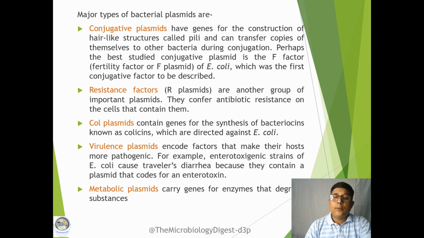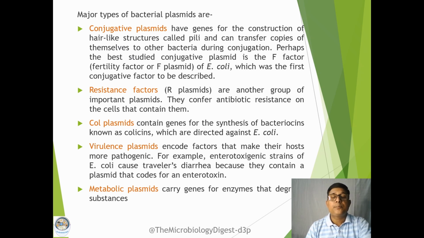There are different types of plasmids in bacteria. The first type is called conjugative plasmid. From the name itself, you can understand what may be the function of conjugative plasmid. The second type is the resistance plasmid. This is responsible for conferring antibiotic resistance to the organism.